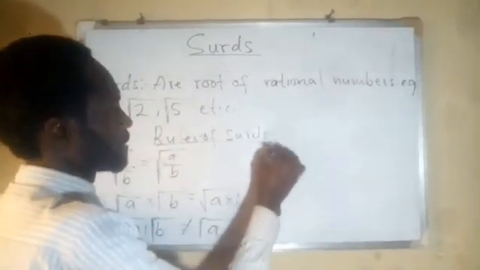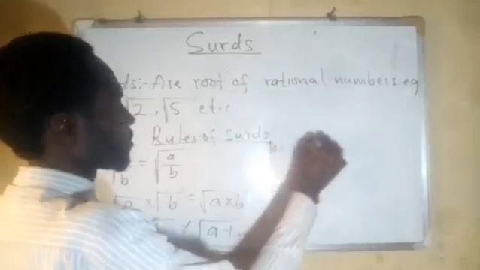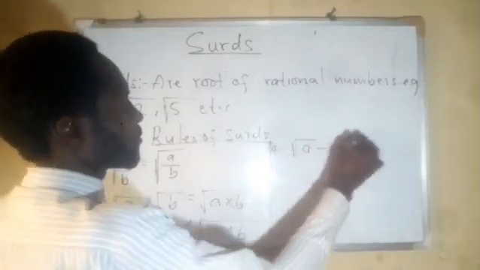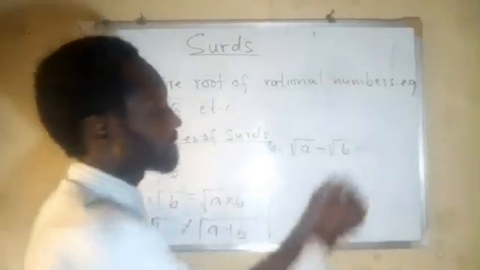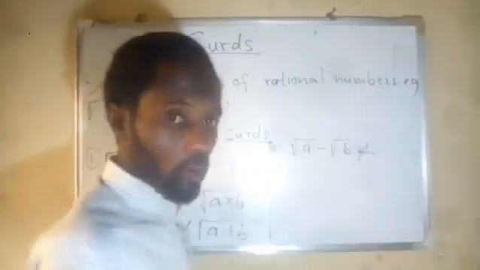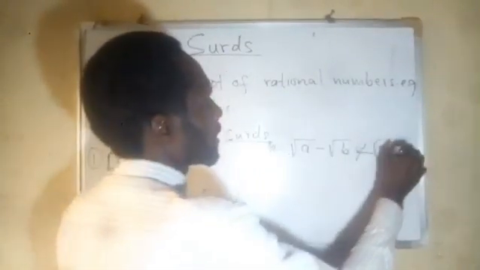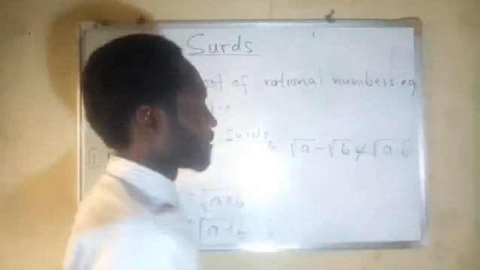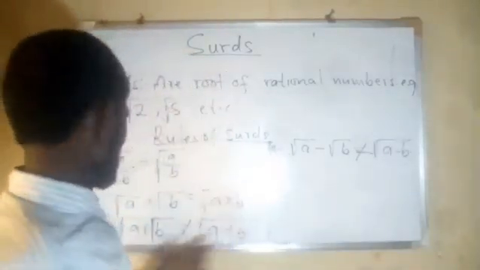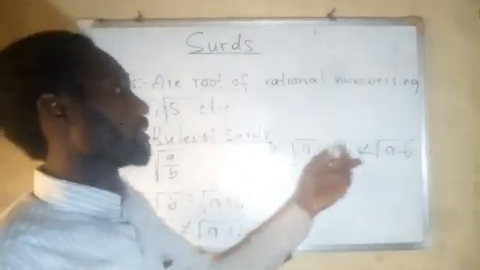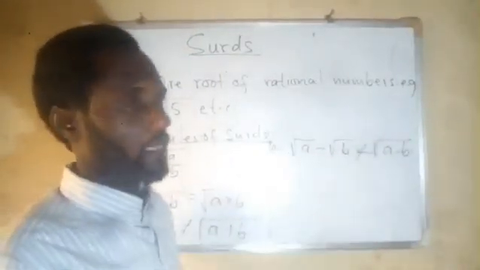Then the last one, we have root of a minus root of b. It's not equal to root of a minus b. These two, rule number 3 and rule number 4, are not equivalent to the right hand side.